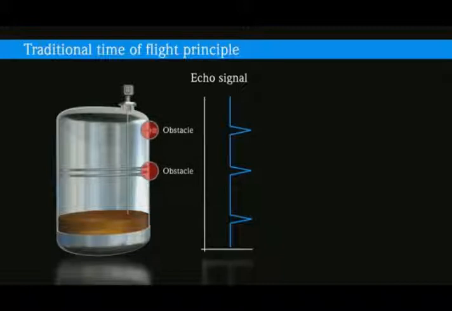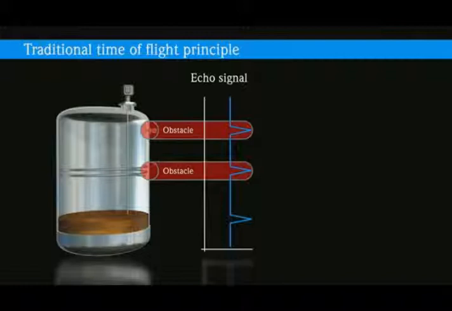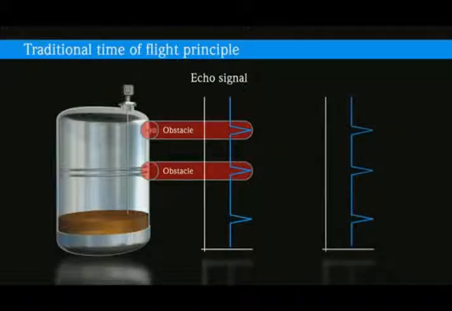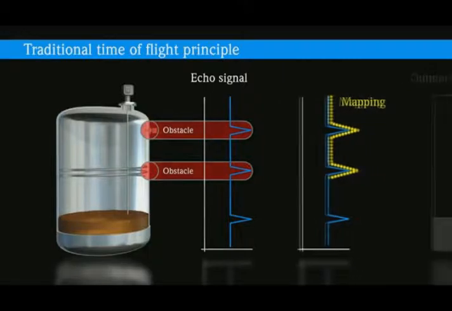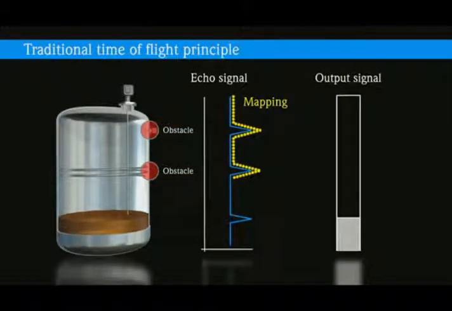Obstacles in the radar beam, for example installed instruments or heating coils, generate an interfering echo signal. These obstacles are traditionally excluded from the echo signal analysis based on a mapping functionality. Only signals protruding over the suppression curve are accepted as level signals.